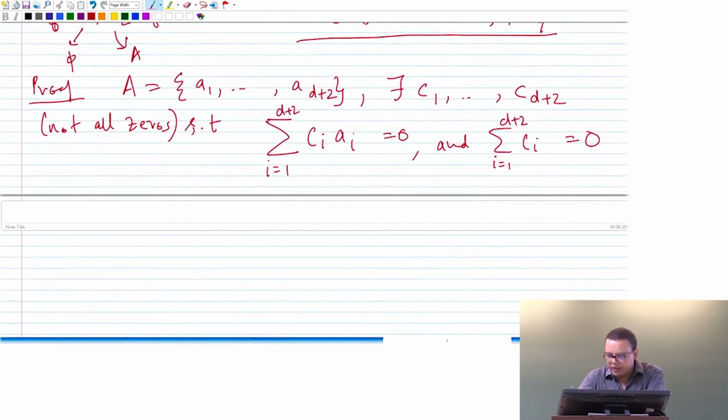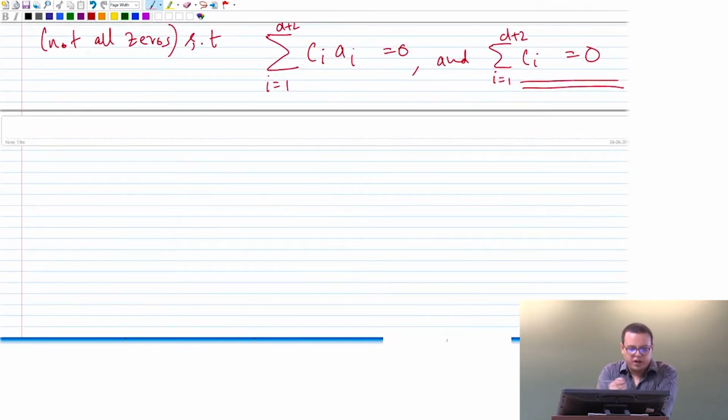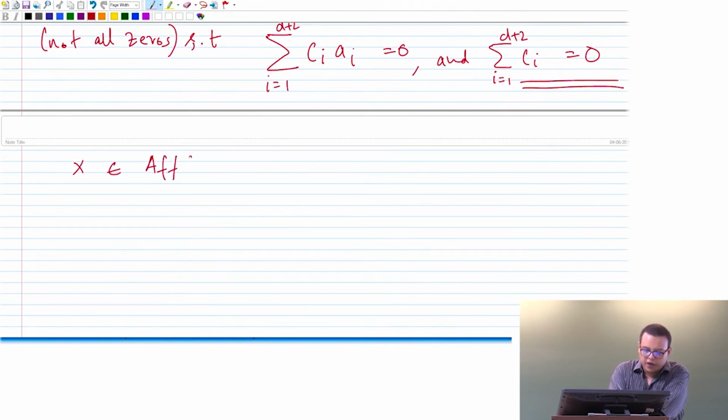Why did I do this? Let us do this exercise, it will be a good exercise for the rest of the course also. There was one definition of affine dependence, and I have given another one and said these two are equivalent. How do you prove it? When I said affine dependence, I said there exists a point x in the affine hull of A that has two representations.